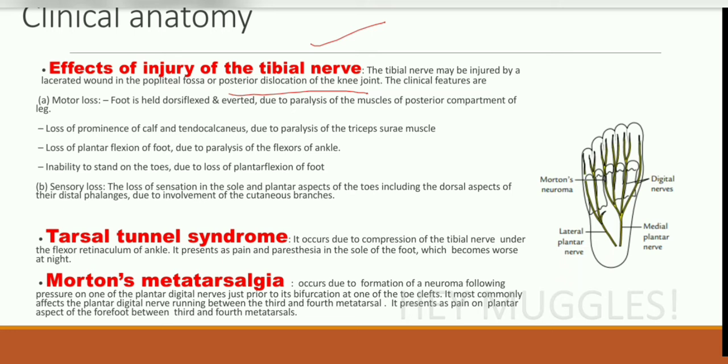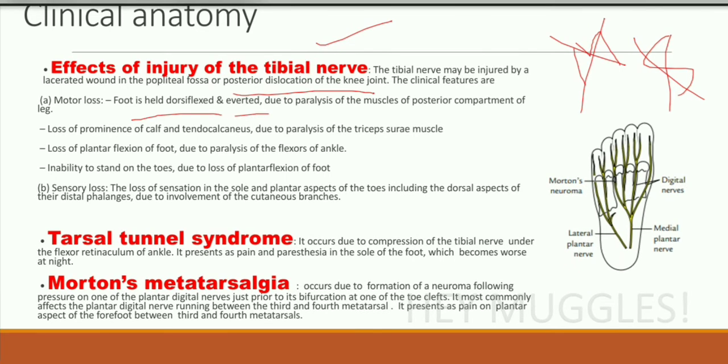So obviously if the tibial nerve is damaged, then all the muscles supplied by the tibial nerve would be affected, right? As well as the areas supplied by the sensory branches would also be affected, right? So what happens? The foot would be held in a position of dorsiflexion and eversion.